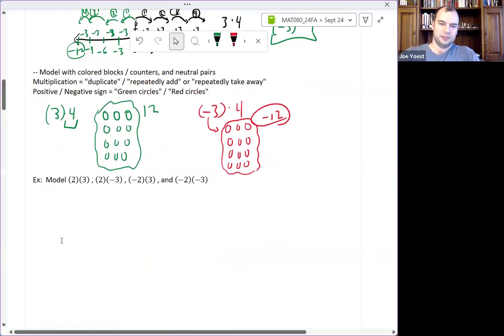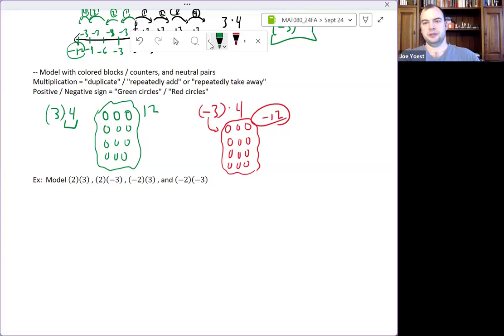Okay, so let's model 2 times 3 with various different signs, and in both of these different ways. So for 2 times 3, I want to add 2 3 times. So there's 1, there's 2, there's 3, and this takes me to 6.